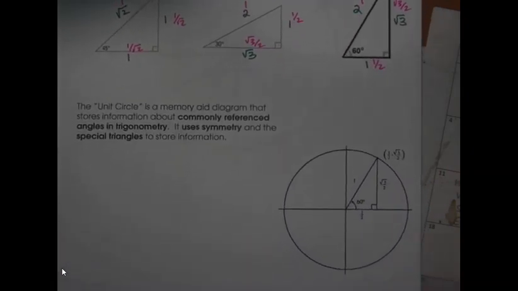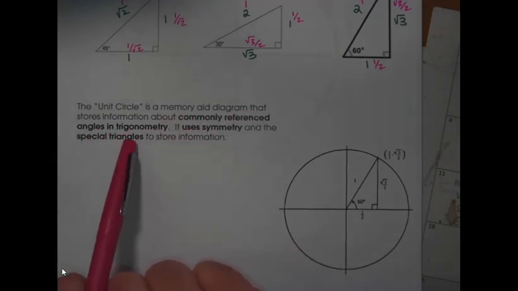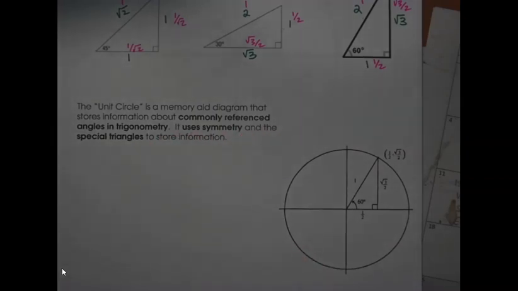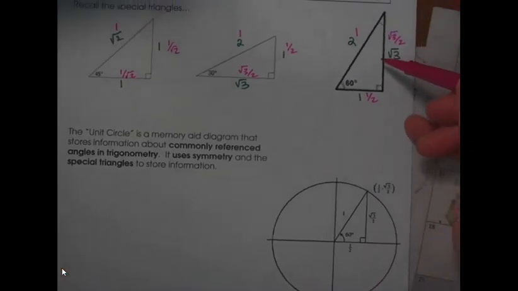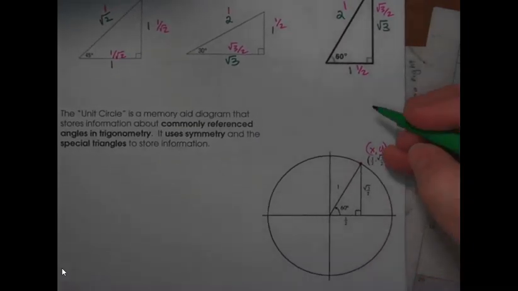The unit circle is a memory aid diagram that shows information about commonly referenced angles in trigonometry. It uses symmetry and special angles to store this information. As you can see, if I went up to this triangle here, root 3 over 2 and 1/2 were my x and y coordinates on our circle.